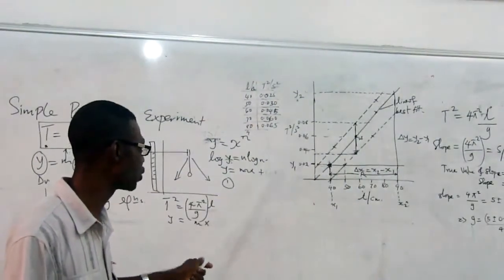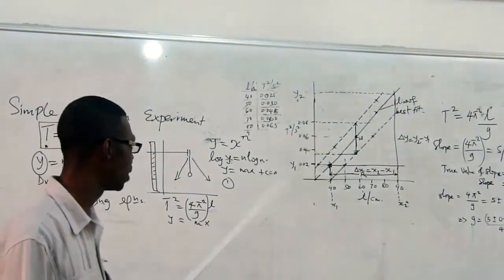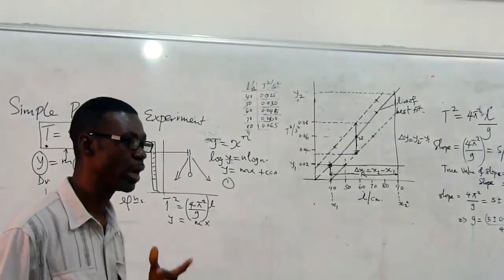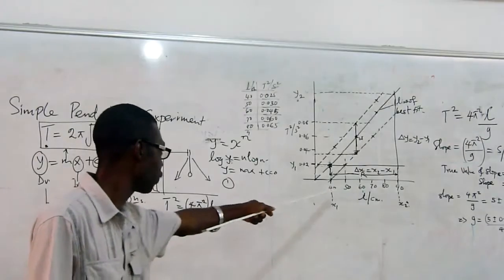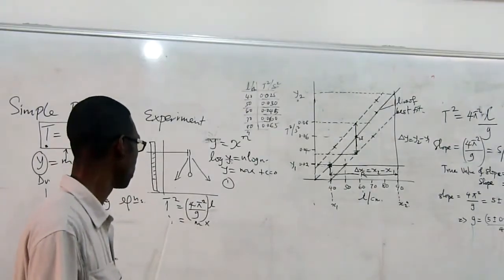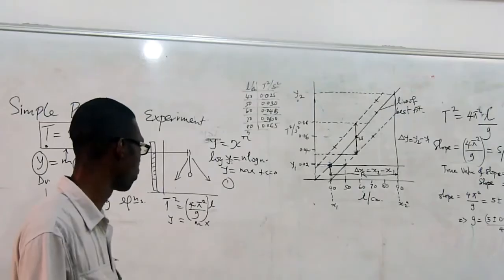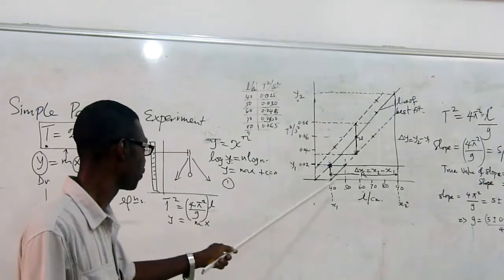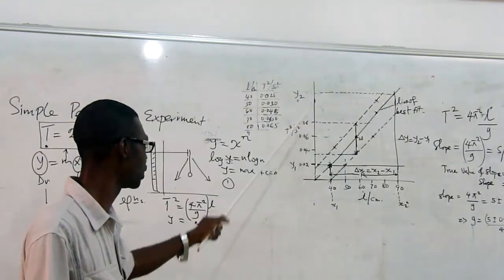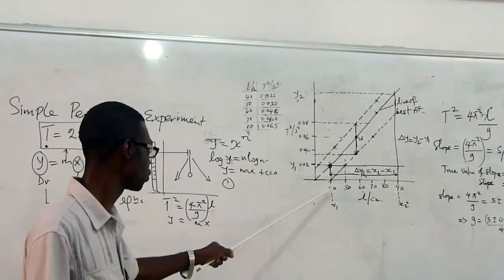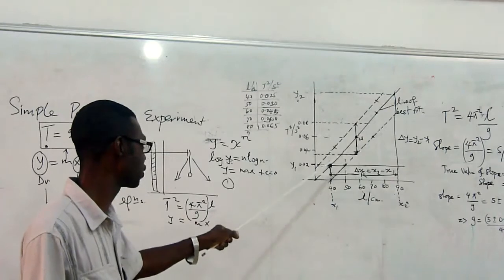You have to avoid a situation whereby, assuming your value x is 40, and then your value y is 0.2, then 0.4, 0.6, 0.8. Now, because this one is 40, I just fix it to 40.